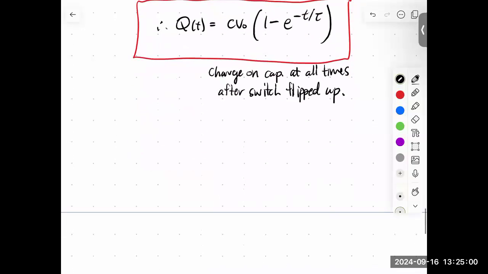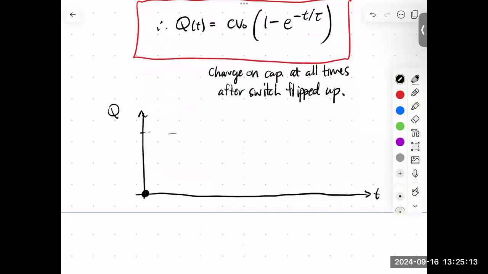And so that means if we go back and try to finish off our plot, this was t, this was the charge on the capacitor. It had to start here, and then it had to reach the equilibrium value a long time later, which was here. And so this was Q equilibrium, which was CV naught.